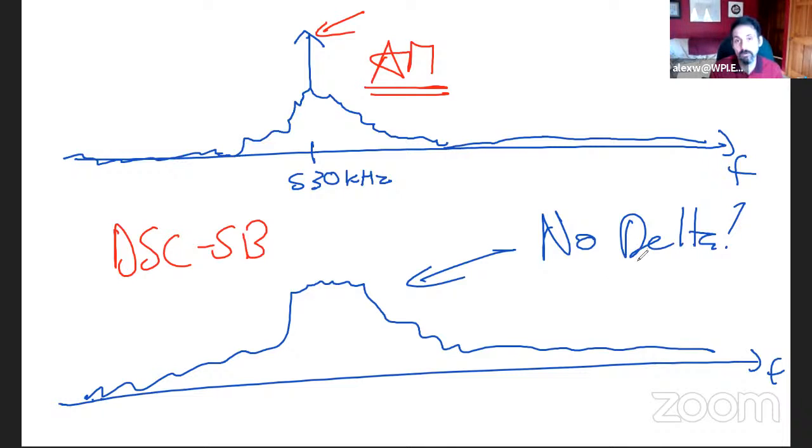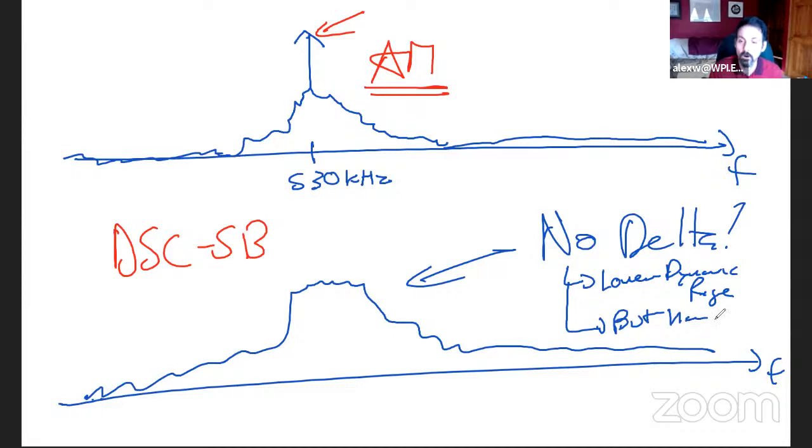Good, because now I can have cheaper hardware because I don't need to have that range. I can have my dynamic range and still be happy. Bad thing is, as you guessed it, so here, lower dynamic range. Okay, but harder to do frequency lock.